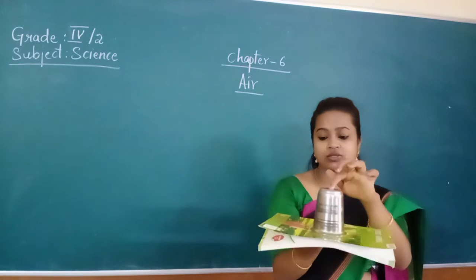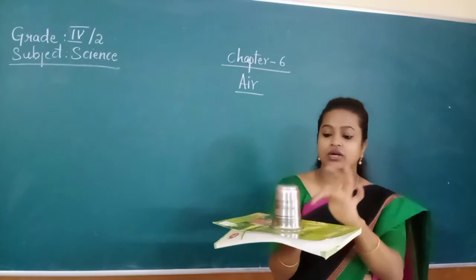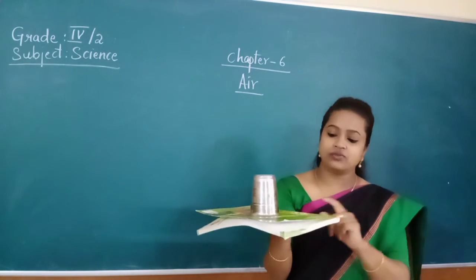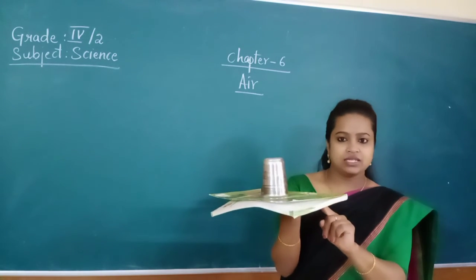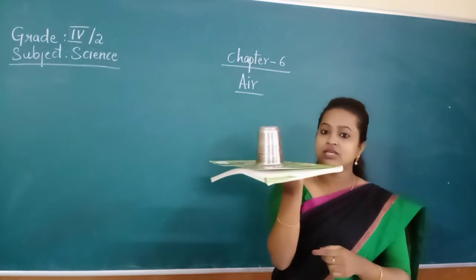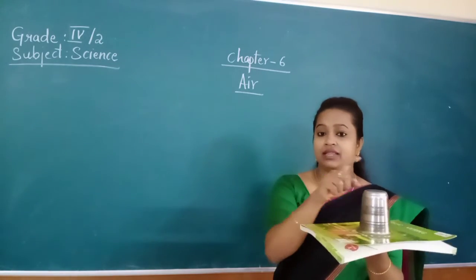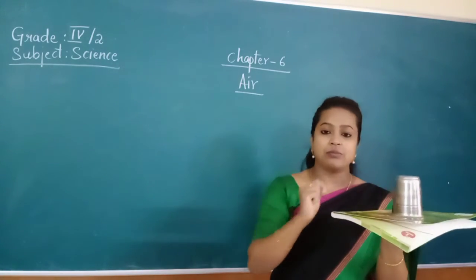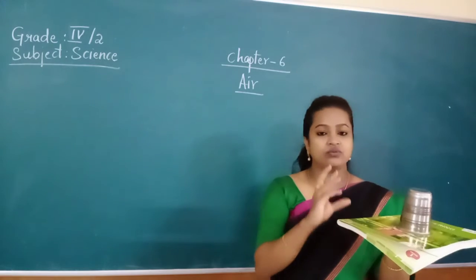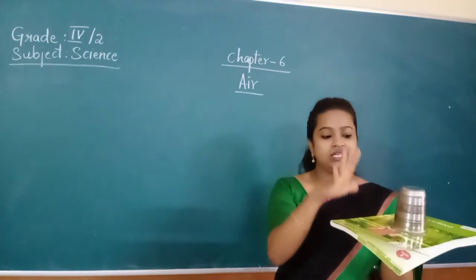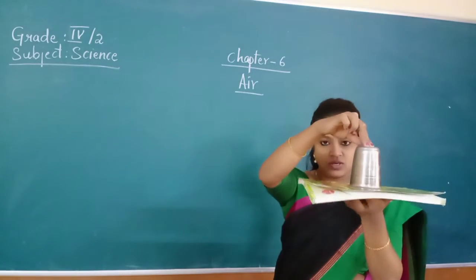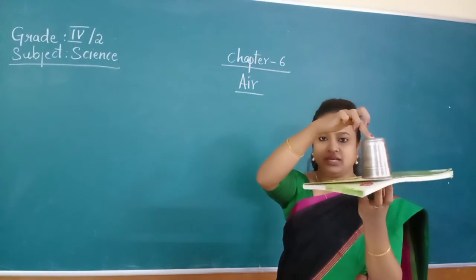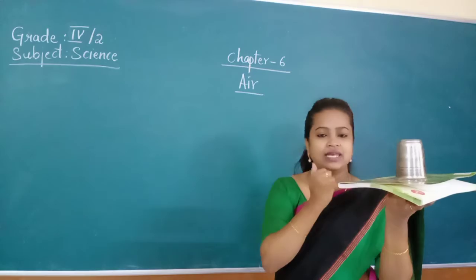Yes. Now what do you see? You can see the water is not coming out because we are covering the mouth of the glass with the cardboard. When you see it like this, you can see the water is remaining in the glass. It doesn't come out because the pressure is pushing upward to the cardboard and holding it very tightly, so you can't see any leakage of water.